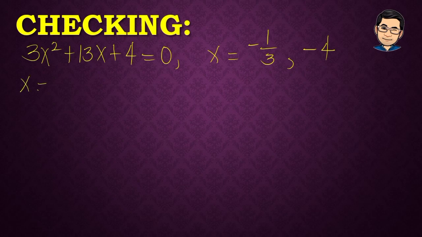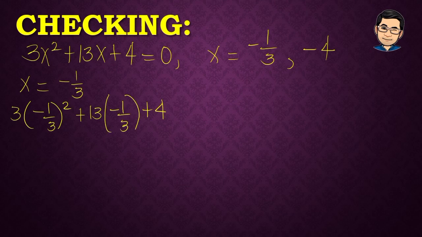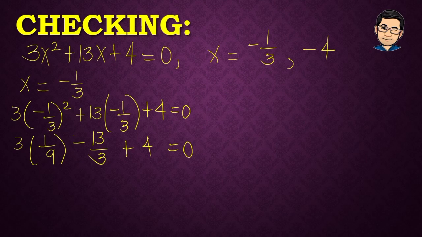X equals negative 1/3. 3 times negative 1/3 raised to 2 plus 13 times negative 1/3 plus 4 equals 0. And then 3 times the square of negative 1/3, that is 1 over 9. 13 times negative 1/3, that is negative 13 over 3 plus 4 equals 0.